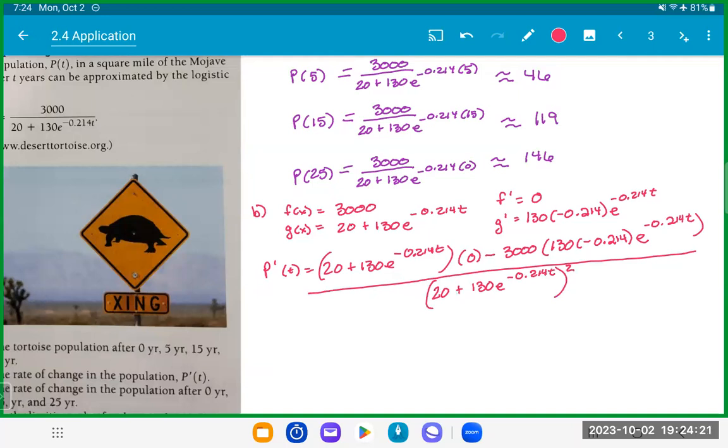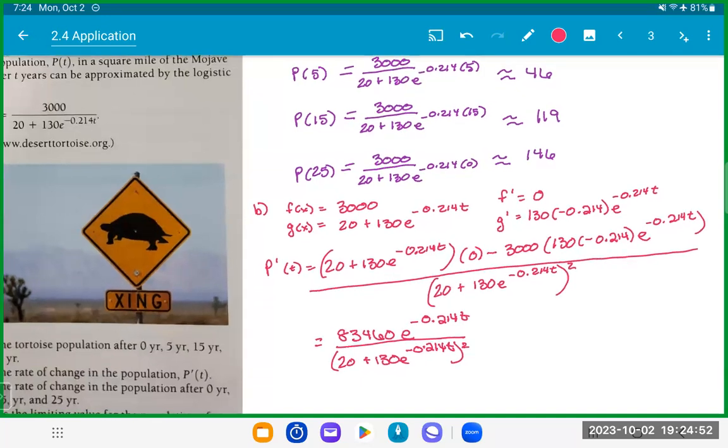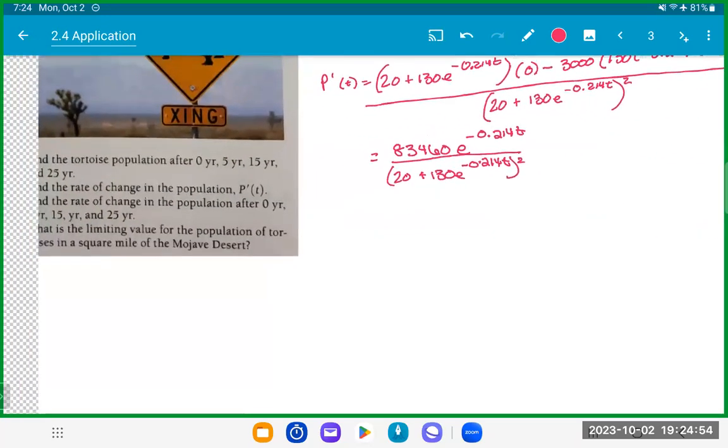Okay? When we simplify this, it ends up being 83,460 e to the negative 0.214t divided by our denominator, which we can just leave as 20 plus 130 e to the negative 0.214t squared.